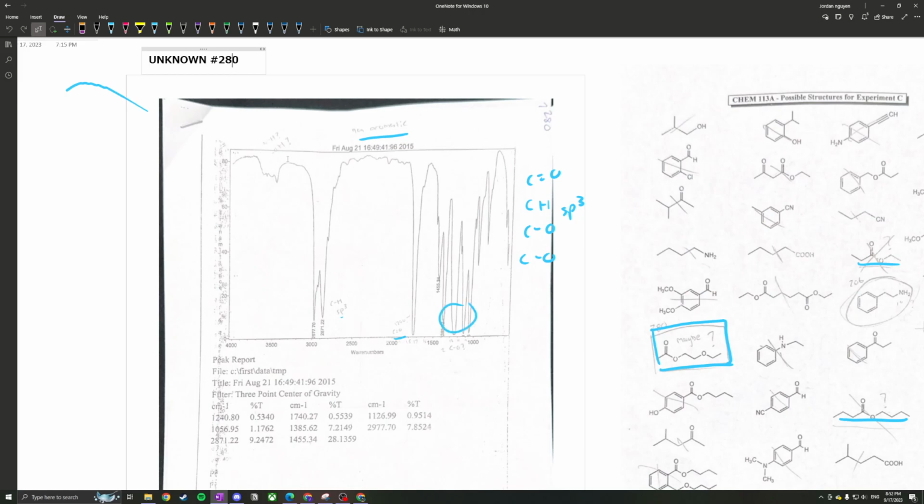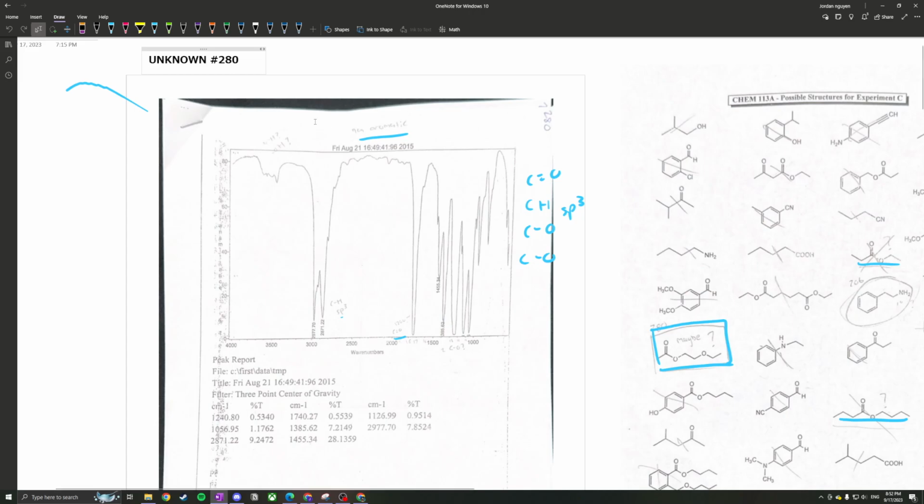When I compared all the possible carbonyls, I determined that it would probably be a carbon-oxygen bond in one of those peaks, which would make it an ester, since it's between 1100 and 1300. And since there's another peak around that, I determined that it could possibly be an ether.